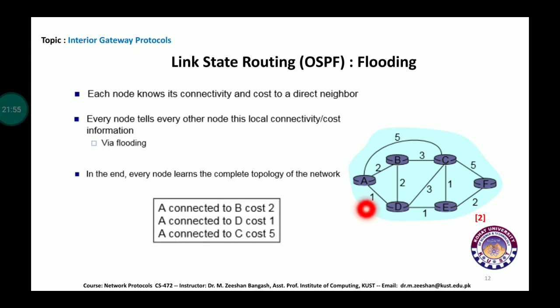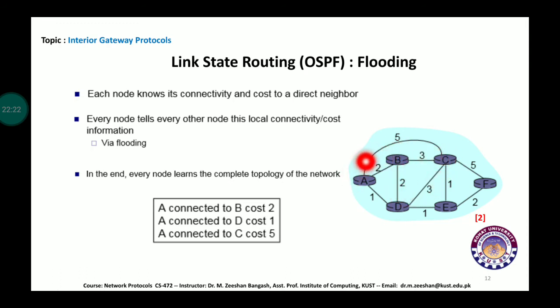So let's consider that A is connected to B and the cost is 2, and A is connected to D and the cost is 1, and A is connected to C. C is indirectly connected, and the cost from A to C is basically 5.